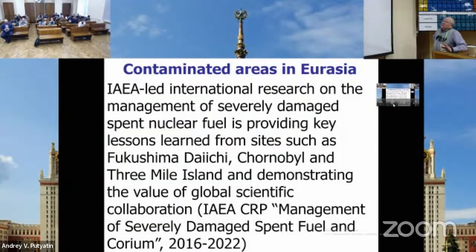And important is that this program was based on the Chernobyl accident, Fukushima accident, Three Mile Island accident, and of course the experience from Mayak and Sellafield in UK. So this was a collaborative research project, management of severely damaged spent fuel and corium, which lasted from 2016 to 2022.